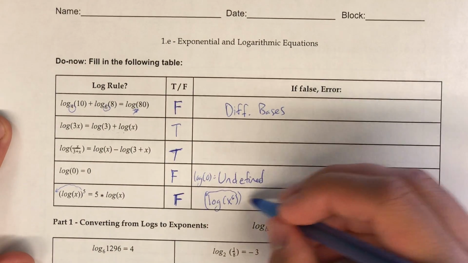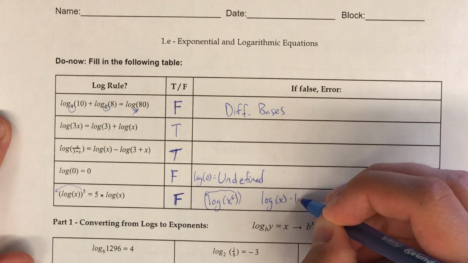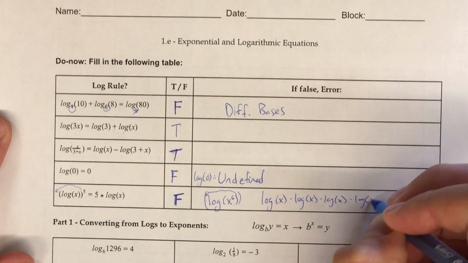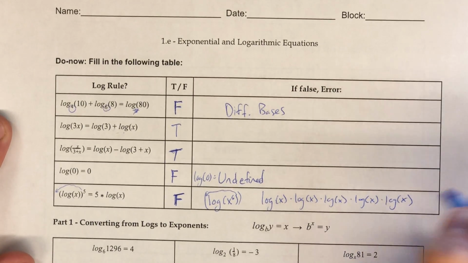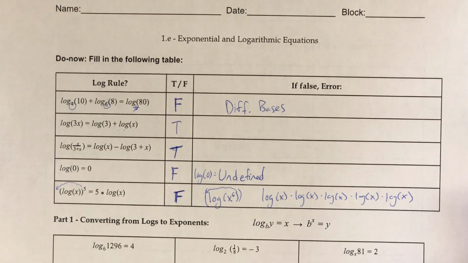But since this is not, what we essentially have here is log of x times log of x times log of x times log of x times log of x. My bad. So this is taking log of x to the 5th, multiplying it by itself 5 times.